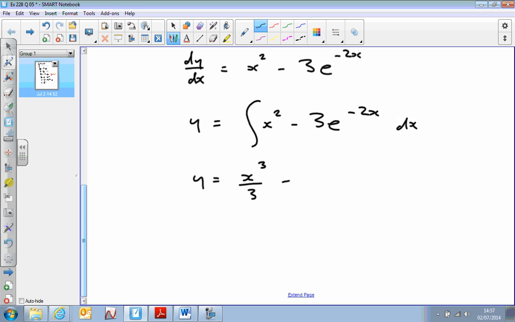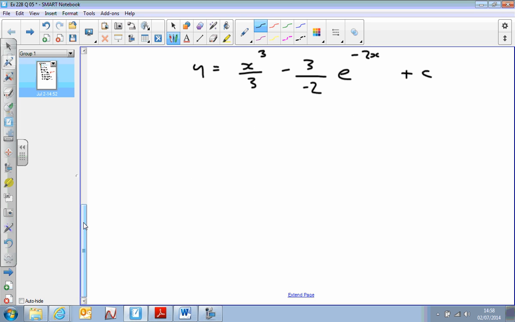So this will be minus 3 over minus 2 e to the minus 2x. Let's see. Tidying up, that double negative makes it positive. So y equals x cubed over 3 plus 3 over 2 e to the minus 2x plus c.